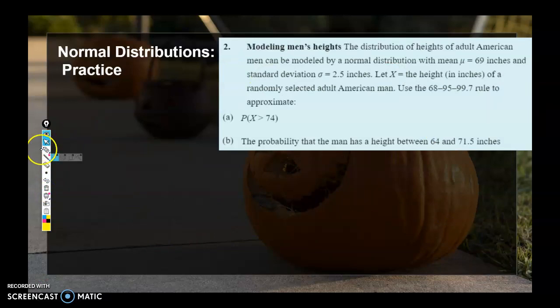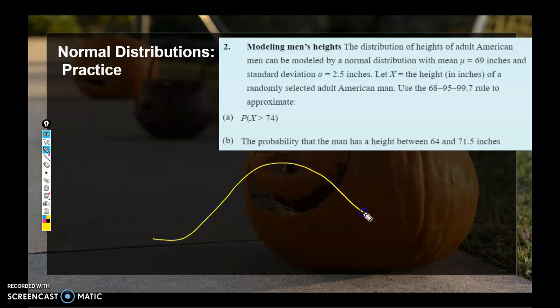All right, let's do this practice. So let's follow that same model. Let's make our normal distribution. Here we have a standard deviation of 2.5 and a mean of 69. So 2.5 to the right, 71.5, 2.5 to the right, 74. 2.5 to the right again to get us our third, 76.5.